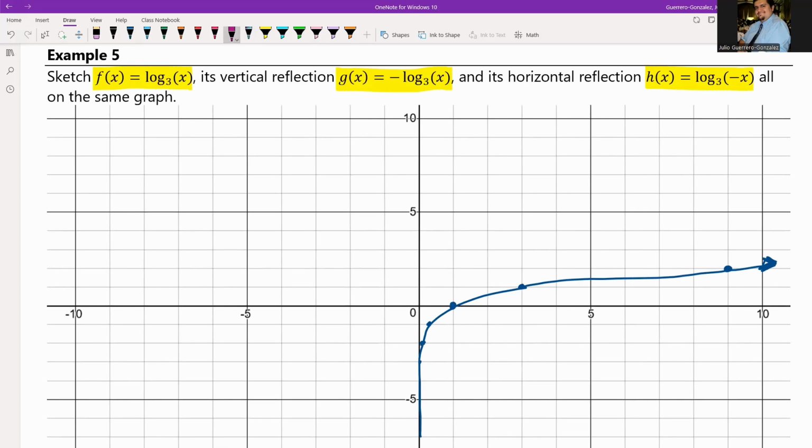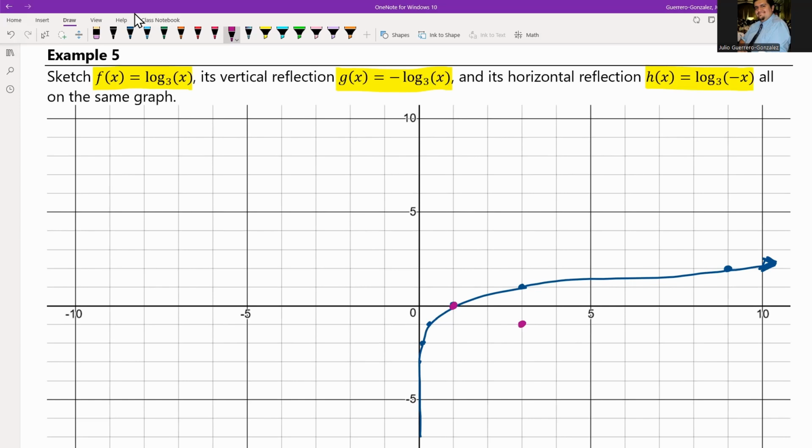If you guys remember, that negative out front tells me that it's going to do a vertical flip. So instead of going up, it's now going to go down. I'm going to switch all of the y values to the negative values. So this point stays right there, but this point moves here.